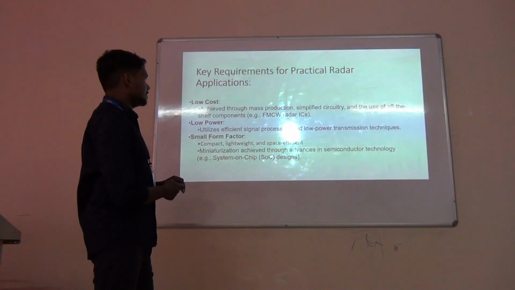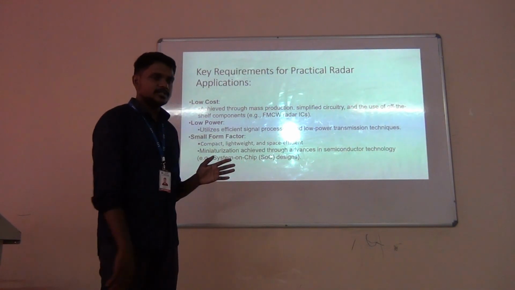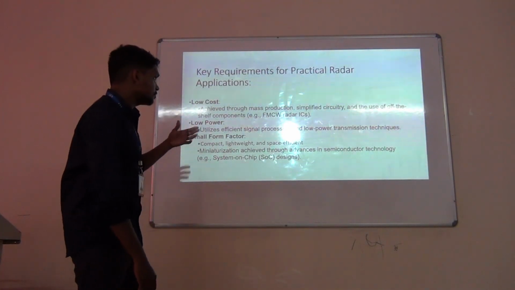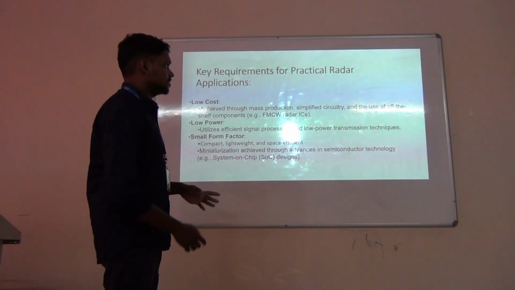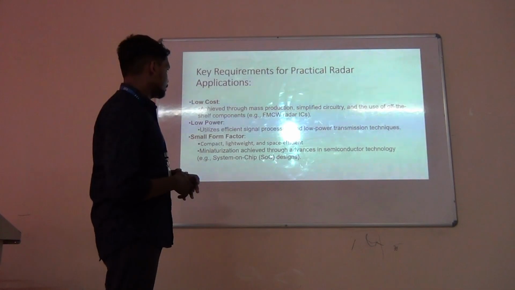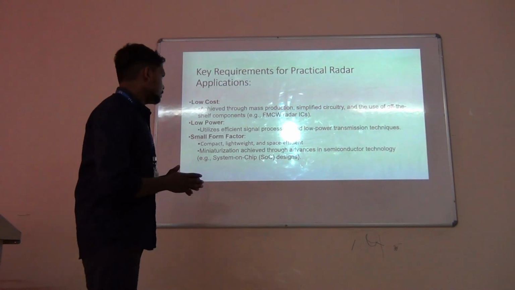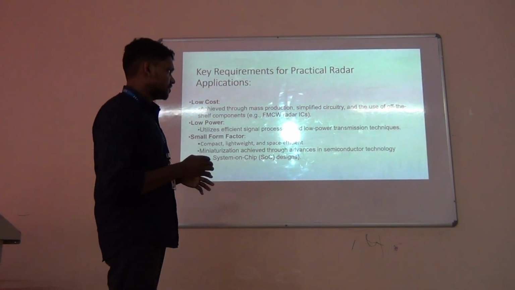We will be seeing multiple radar types and going through each one. I will read through the slides. Low cost is achieved through mass production, simplified circuitry and the use of off-the-shelf components, and low power utilizes efficient signal processing and low power transmission techniques.